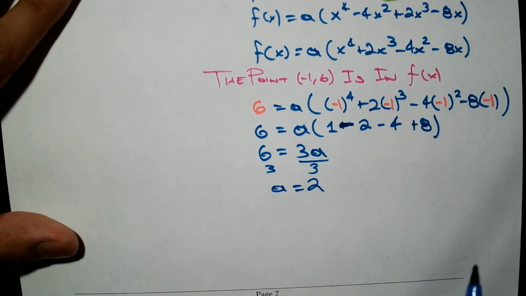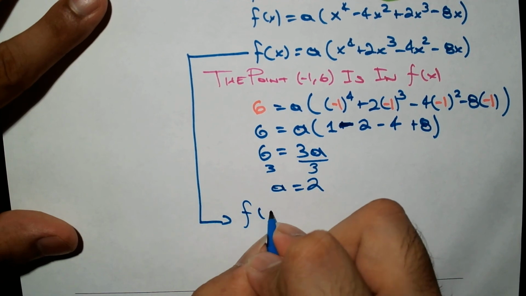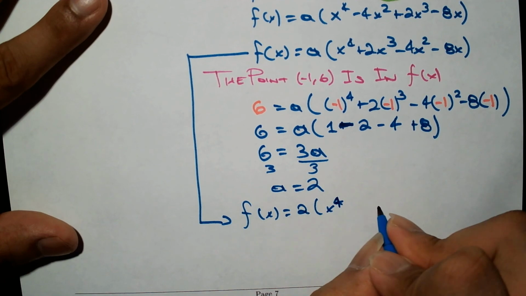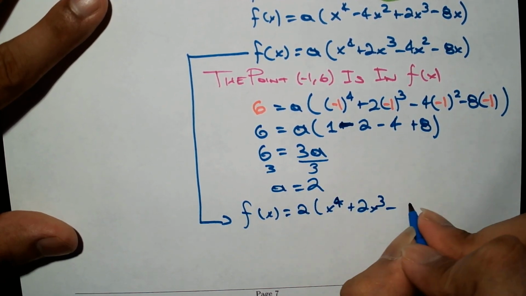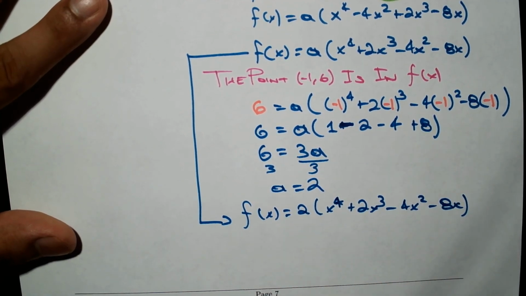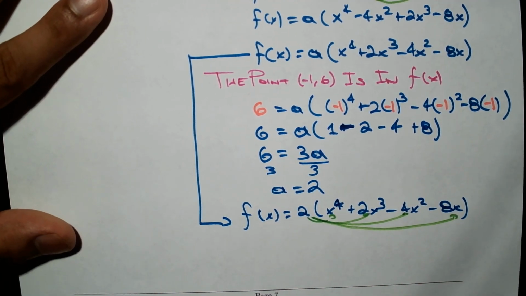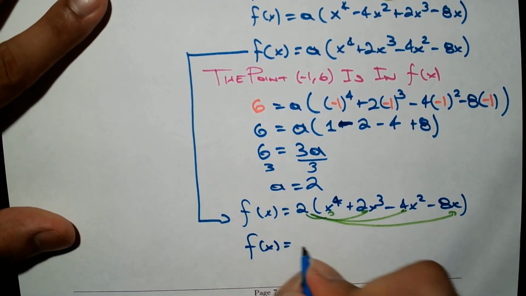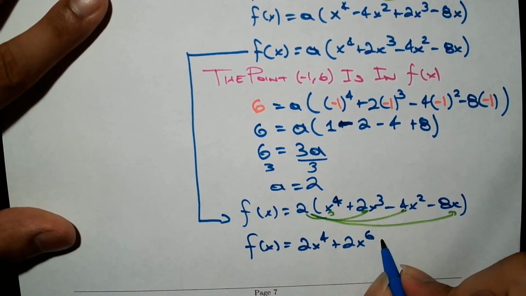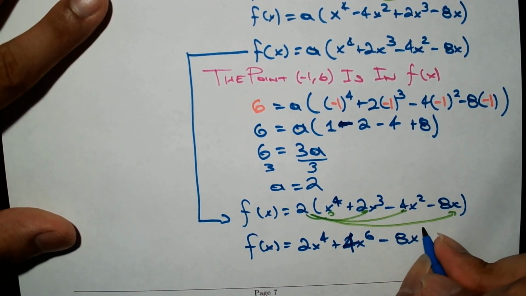So I'm going to go ahead and write a polynomial function with a new value of a. f of x equals 2 times x to the 4th plus 2x cubed minus 4x squared minus 8x. And I'm going to distribute the 2 to every single term inside of the parentheses. f of x equals 2x to the 4th plus 4x cubed minus 8x squared minus 16x.